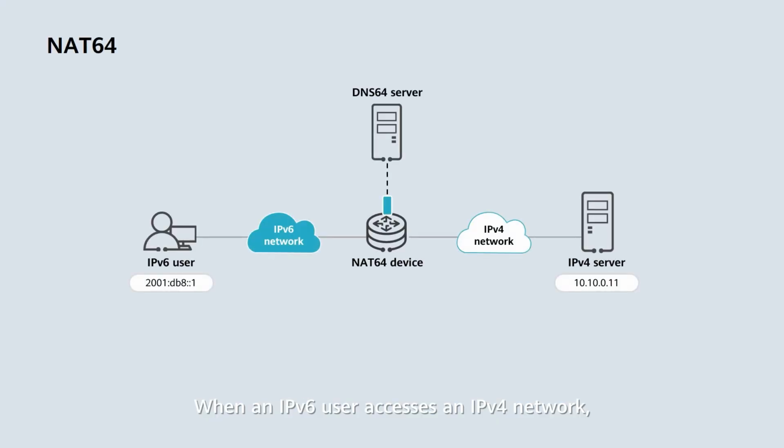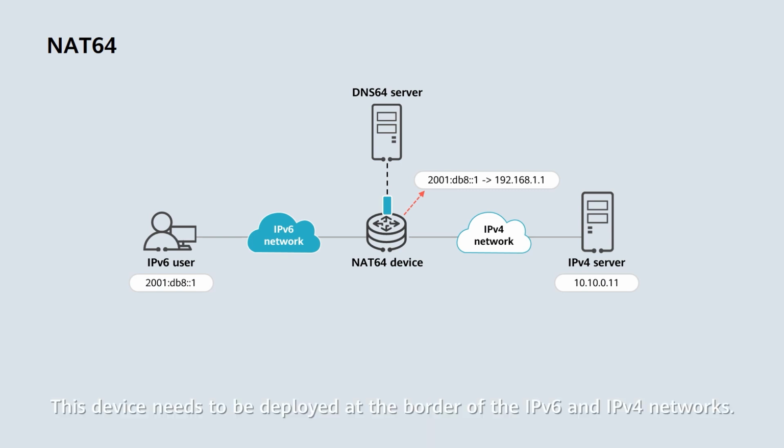When an IPv6 user accesses an IPv4 network, a NAT64 device needs to translate the user's IPv6 address into an IPv4 address. This device needs to be deployed at the border of the IPv6 and IPv4 networks.